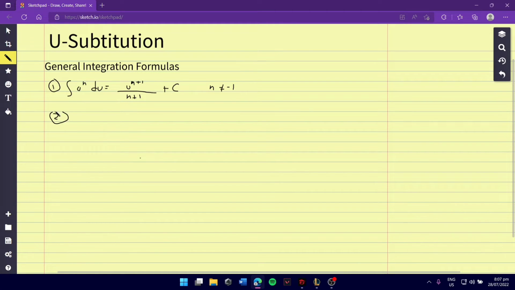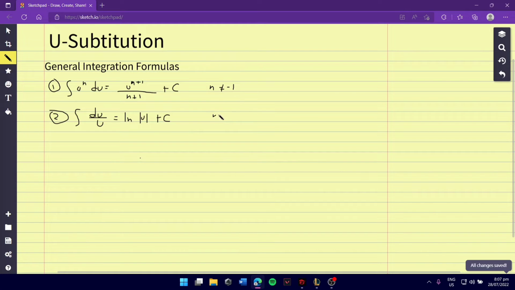So we have here the second general integration formula. In here, we have the integral of du over u. So the integral of du over u is equal to ln of the absolute value of u, and then you add your arbitrary constant which is c.